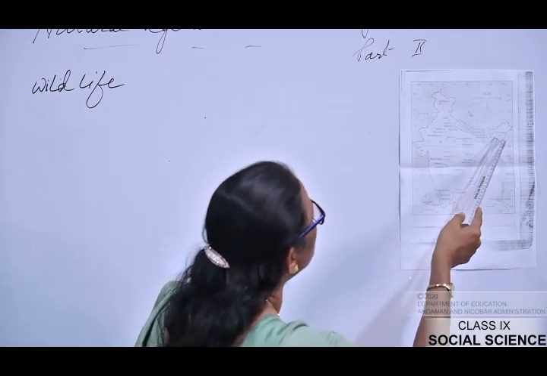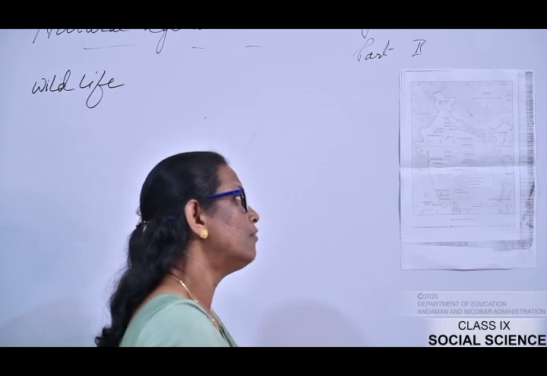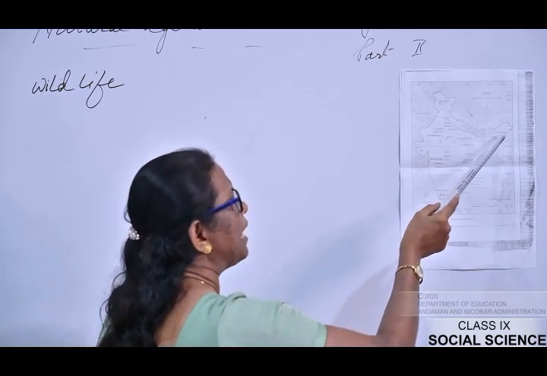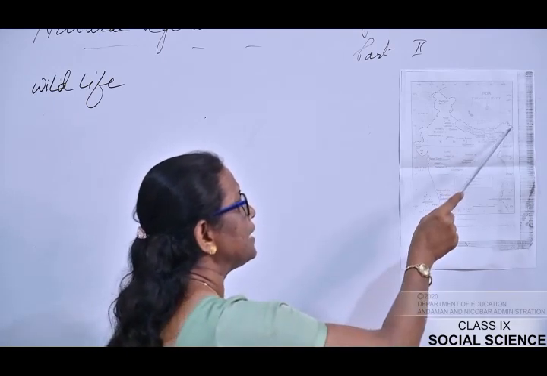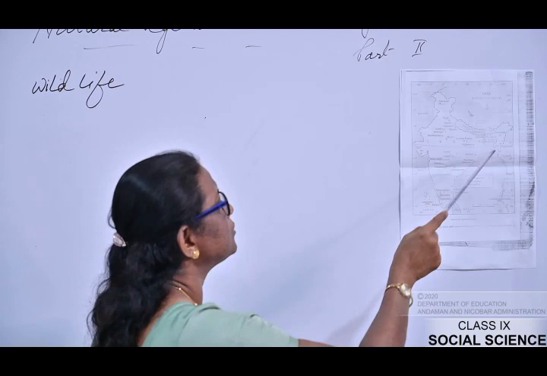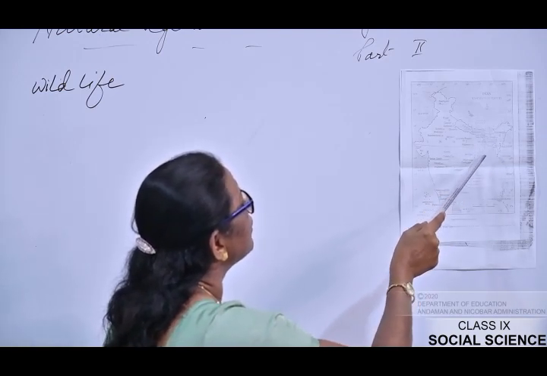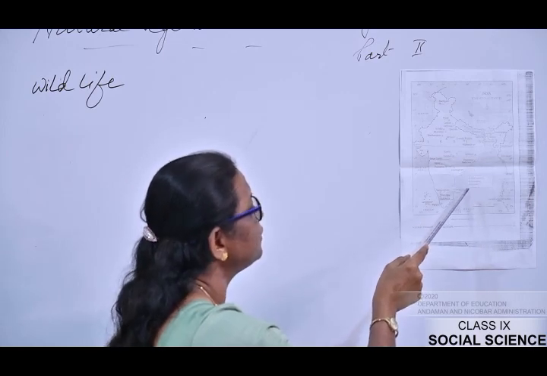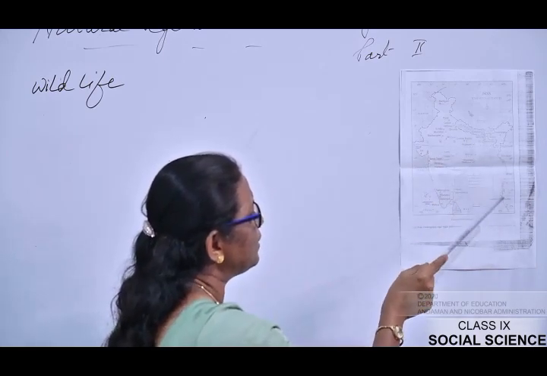This Manas Wildlife Sanctuary is not included in world sanctuaries, but Manas is the largest wildlife sanctuary in India. Kaziranga is for the one-horned rhinoceros, on this part of India. These are the important examination-related national parks and wildlife sanctuaries.